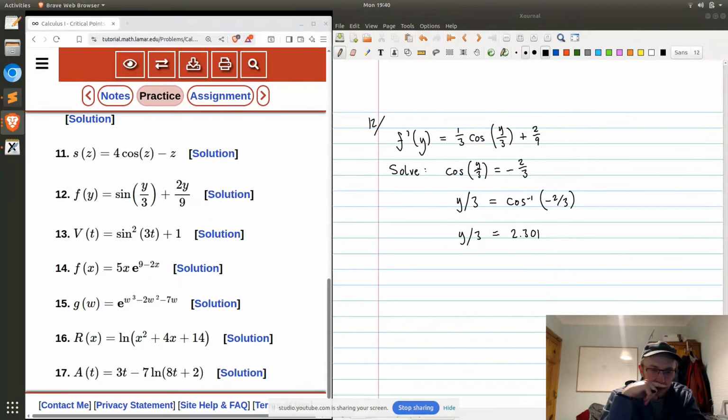All right, so that's arc cosine of negative 2/3.